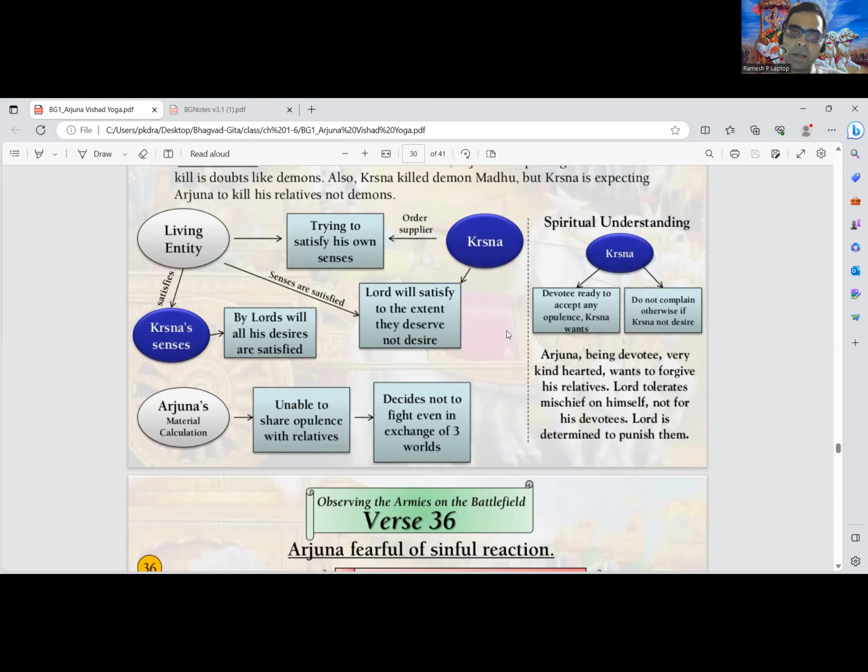But in real terms, we should actually satisfy him. If we satisfy him, automatically we'll get the other things. So that's the spiritual understanding. The devotees are ready to accept any opulence Krishna wants, and they don't complain if Krishna does not desire.